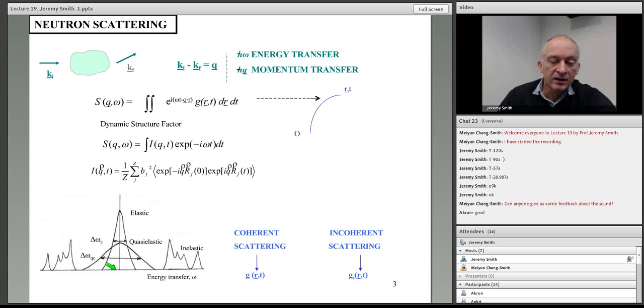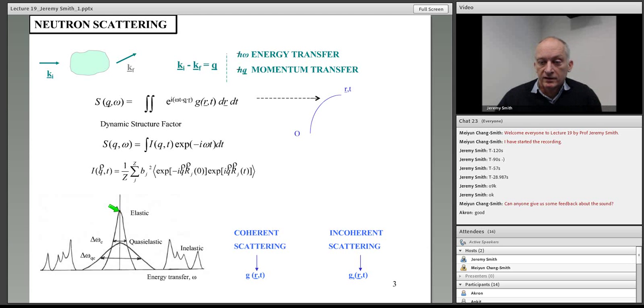Basically, the way to think about this is if nothing is moving, if the atoms are completely still, all you have is elastic scattering. That's, say, at 0 kelvins with a classical system. If you then start to heat the system up, then vibrations will appear.